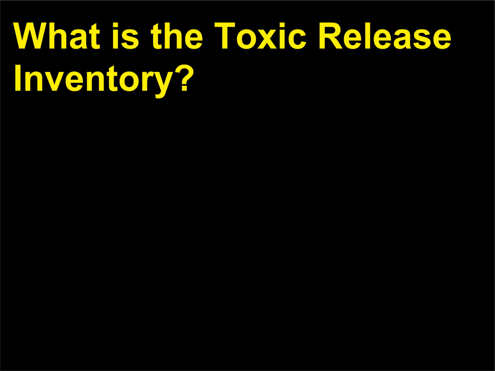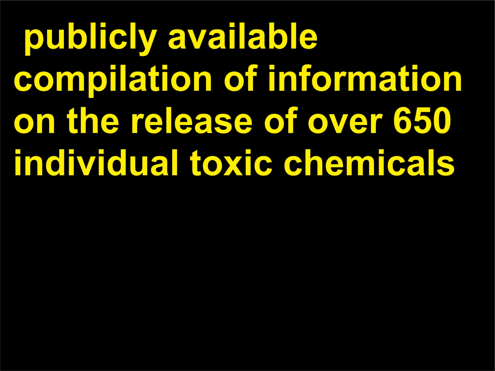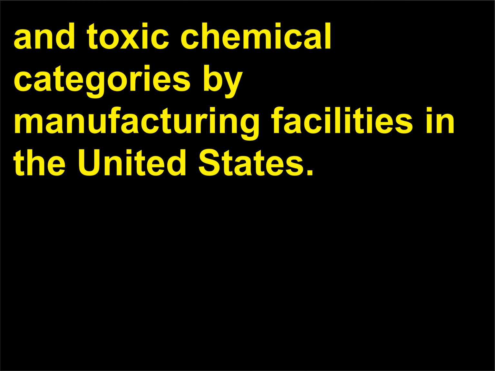What is the toxic release inventory? Toxic Release Inventory, TRI, is a government-mandated, publicly available compilation of information on the release of over 650 individual toxic chemicals and toxic chemical categories by manufacturing facilities in the United States.